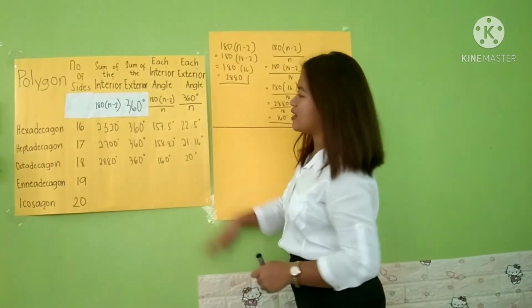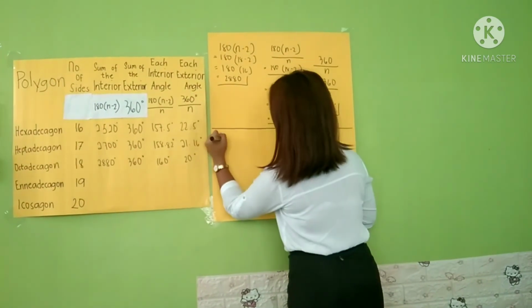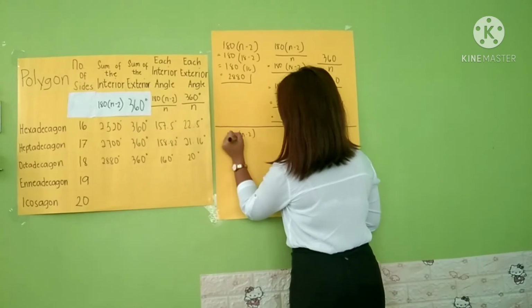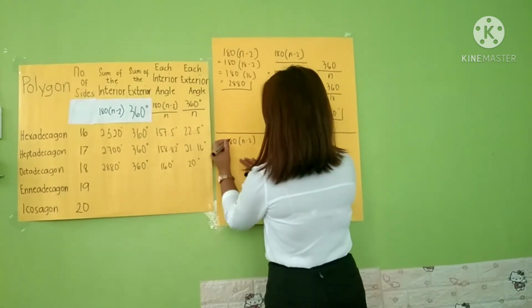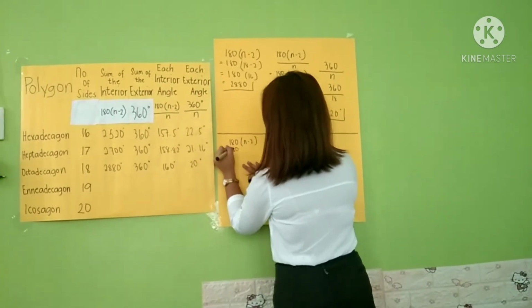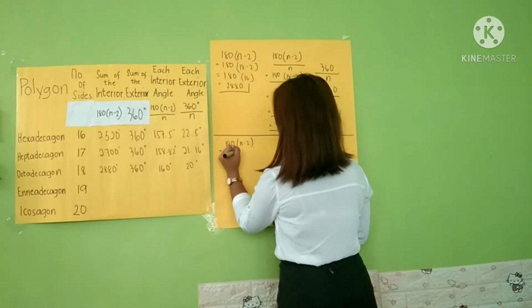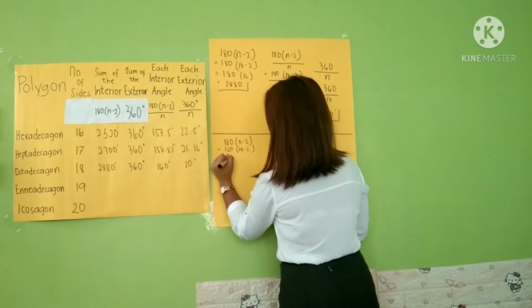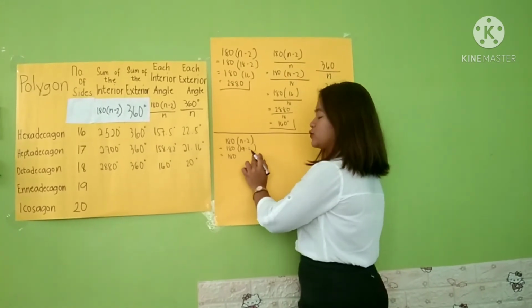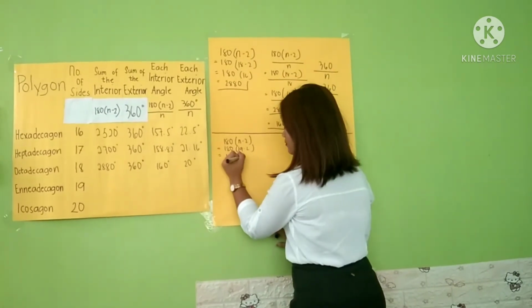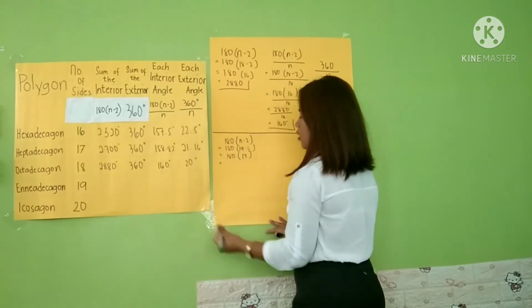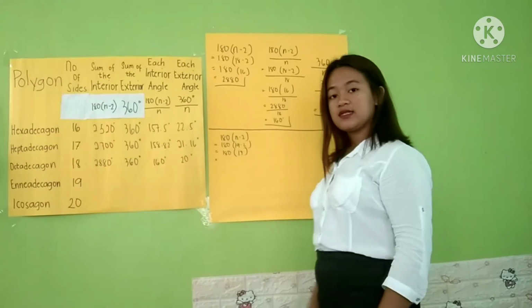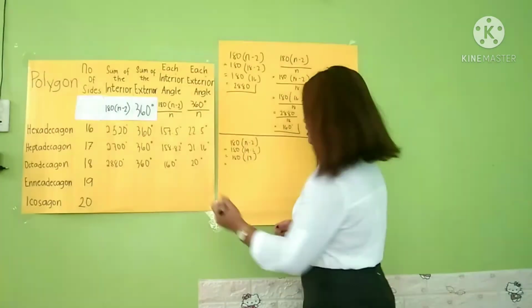The formula of the sum of the interior angles is 180(n - 2). n is 19. 19 minus 2 is 17. 180 times 17 is 3060.